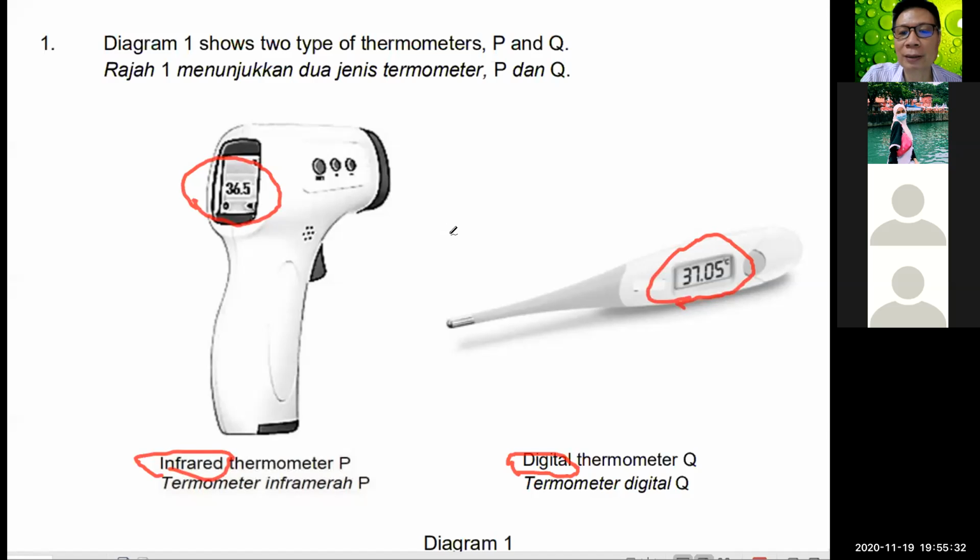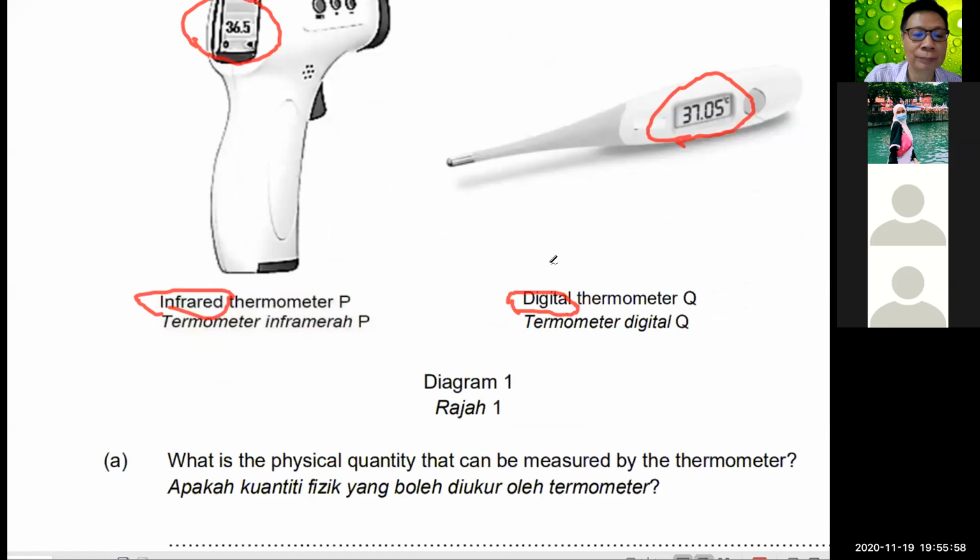If I say which one is more accurate, then which one do you choose? 2. If it is more accurate, normally we say 2. Better here means more accurate. Yes, your answer is correct, Mafuza. 2 decimal places.